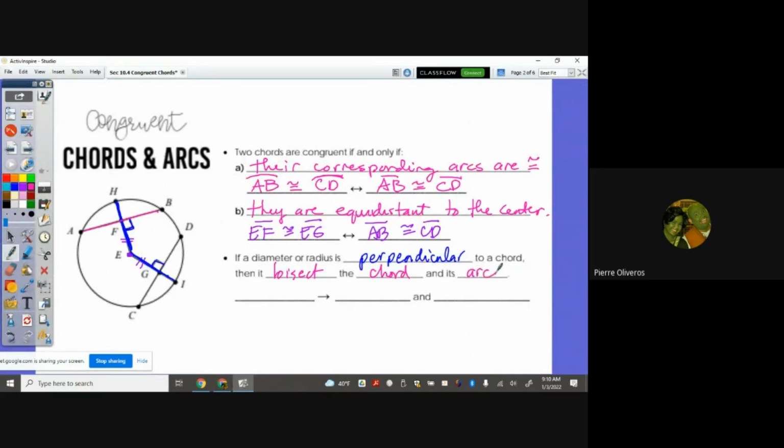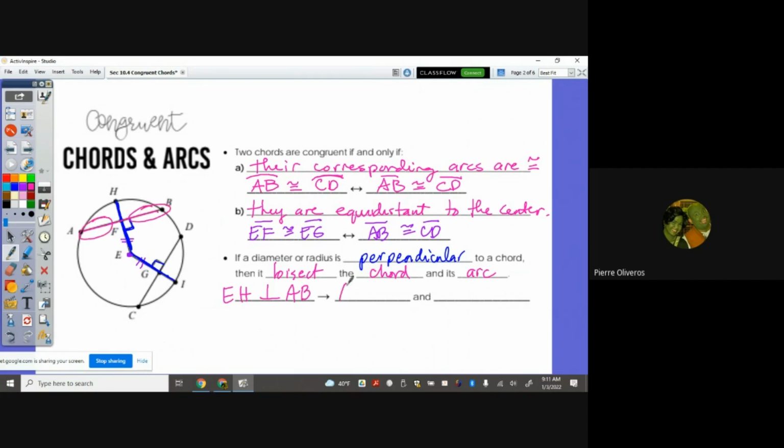So if that bisects, we know that EH is perpendicular to AB. If that is so, we can say that these two here are going to be equal.